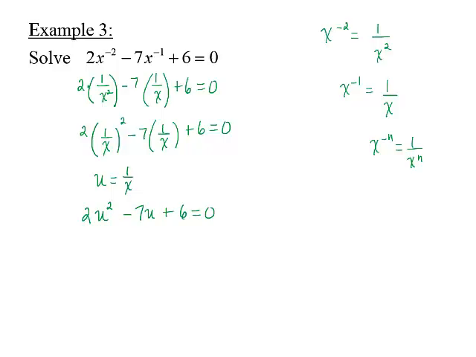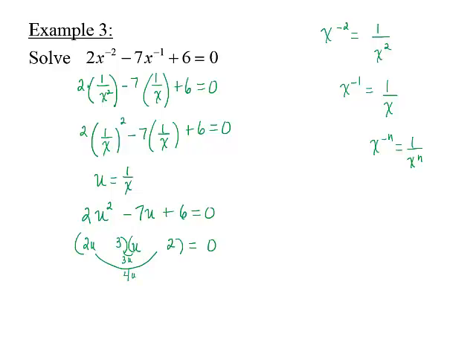Now we factor. 2u squared is 2u times u. The factors of 6 are either 1 and 6 or 2 and 3, but the only way that we can get a 7 is to put 3 with the 2u and 2 with the u, because the outer is 4u, the inner is 3u.